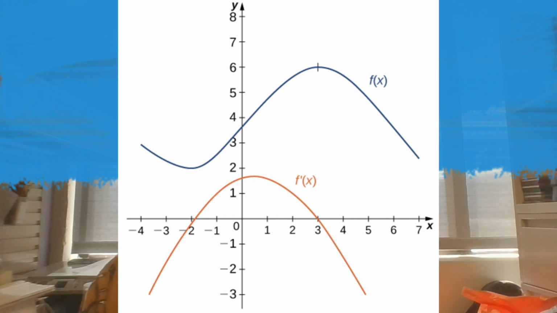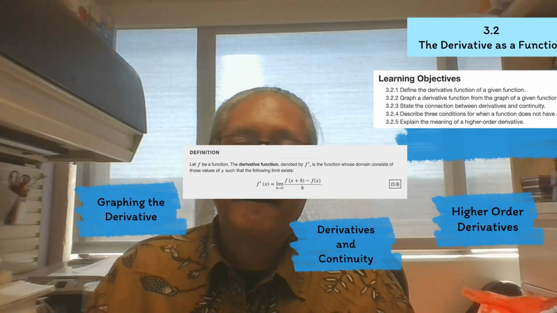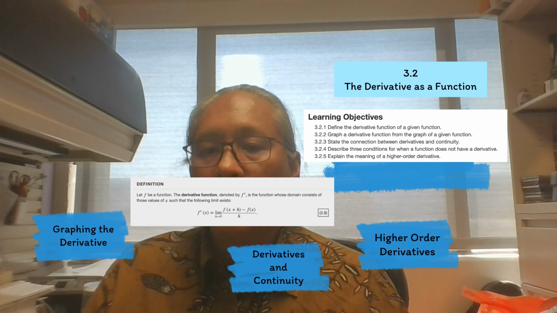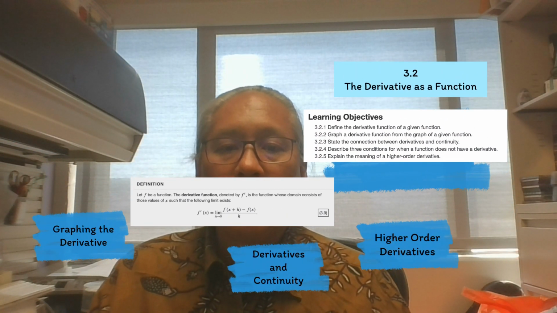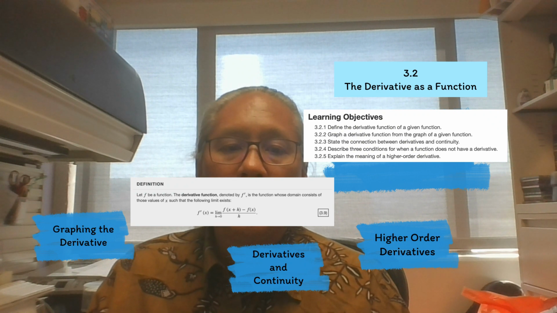To the left of -2, your graph is decreasing, so the graph of the derivative will be below the x-axis. And likewise for anything past 3, your function will be decreasing, and so your derivative will be negative. Okay, so that's a quick rundown on finding the graphs of derivatives from other graphs.